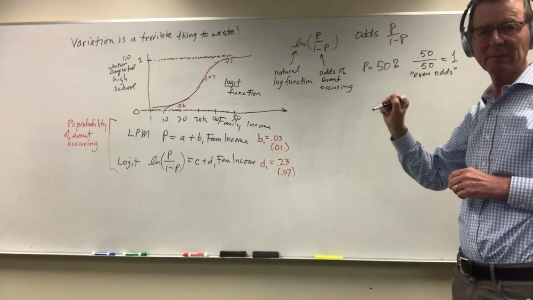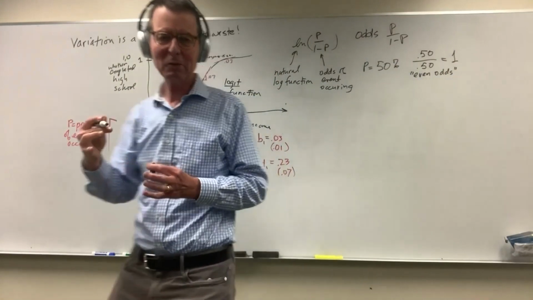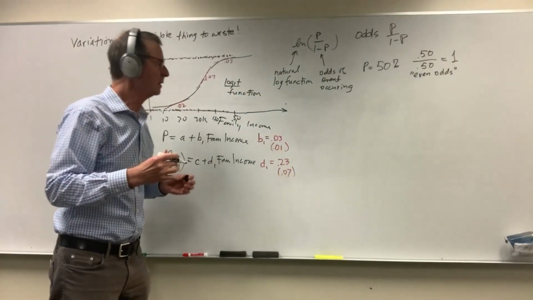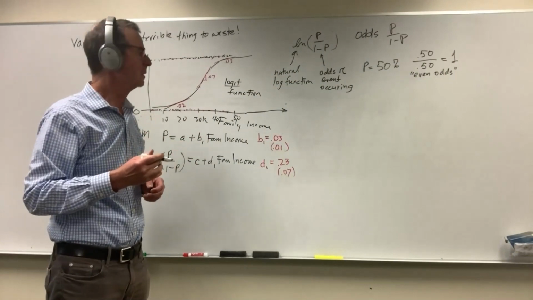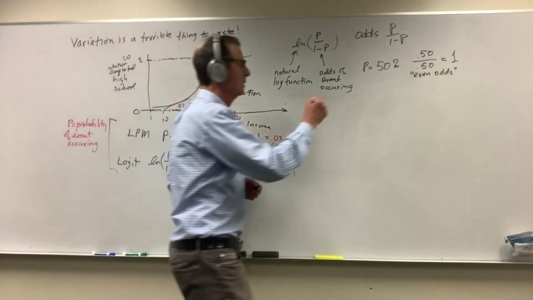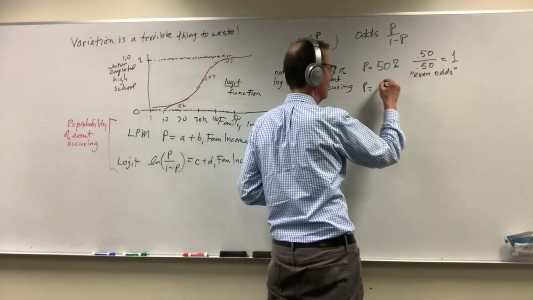They're both sort of talking about the same thing because they're both a function of P. One is P directly and the other is a transformation of P. Let me keep going and you can see if it makes sense.